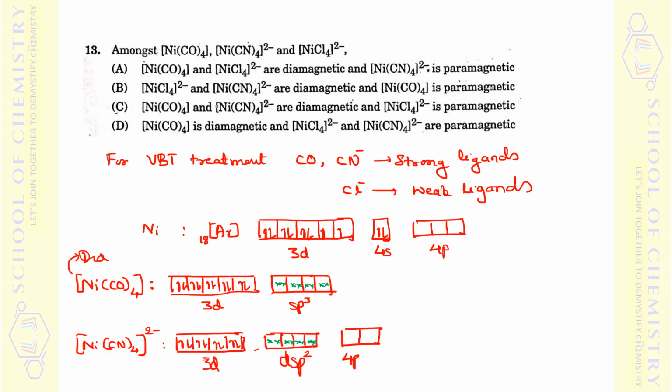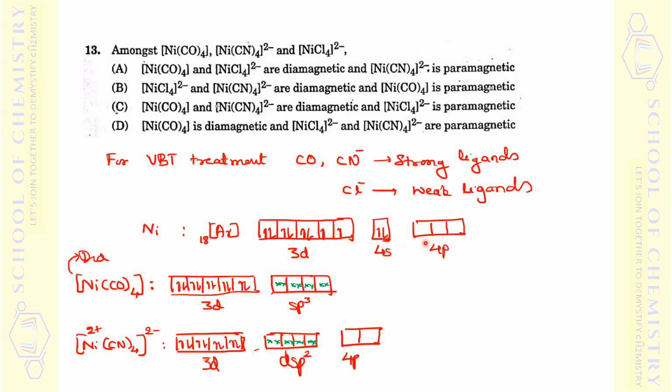Here, the basic fact is that Ni is in the 2+ state, which I will not work out again. So these two electrons will be removed first, and again the same story happens. It is the approach of cyanide ligands, so these two electrons pair up, and because they pair up, one d orbital which is empty will be available for hybridization, and that will mix with this s orbital and 2 p orbitals.